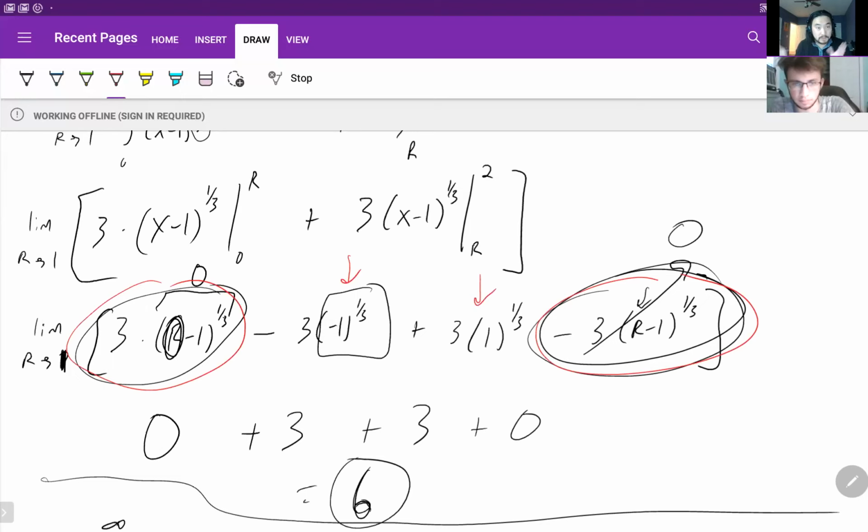I only need to look at the first and the last piece. Oh, so you substituted in the limit. Yeah, I let this r go to 1, and I let this r go to 1, and then I saw what happened. If this first r goes to 1, the inside of that goes to 0 times 3, which gets you 0. And the same thing happens on the other side. All right. Thank you.